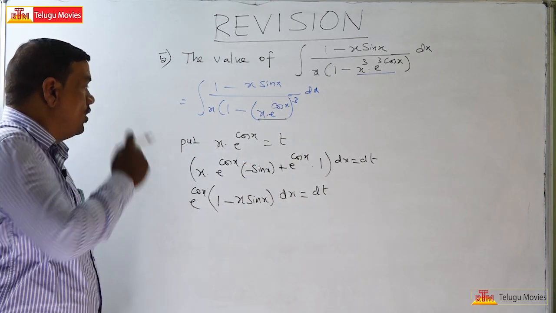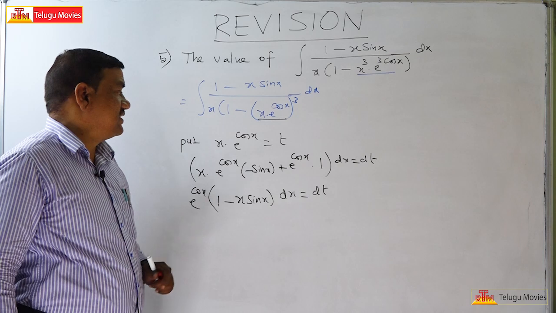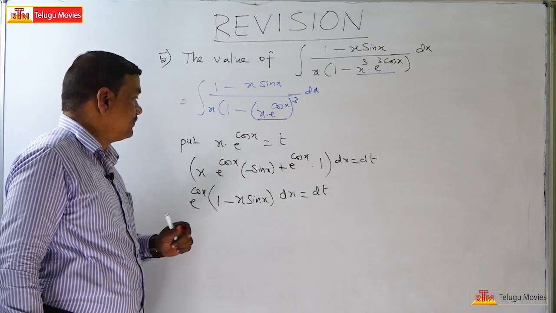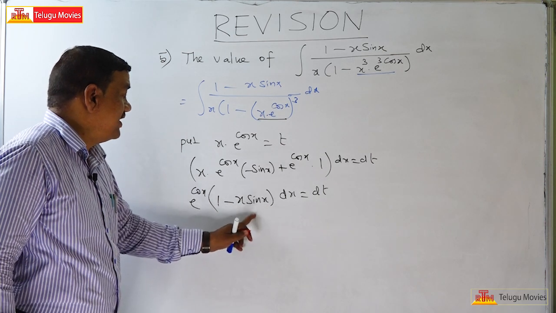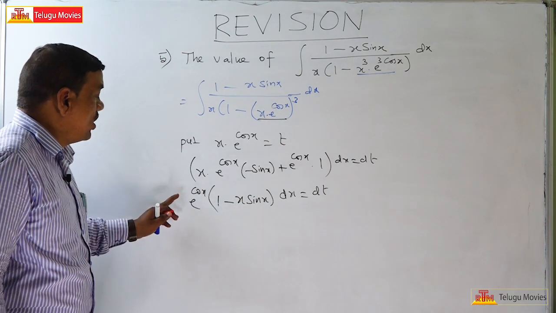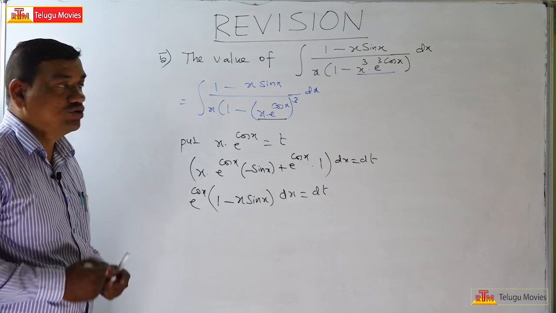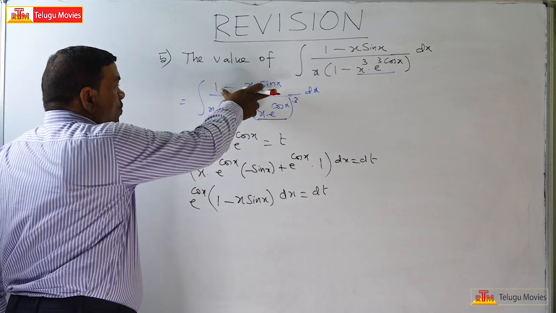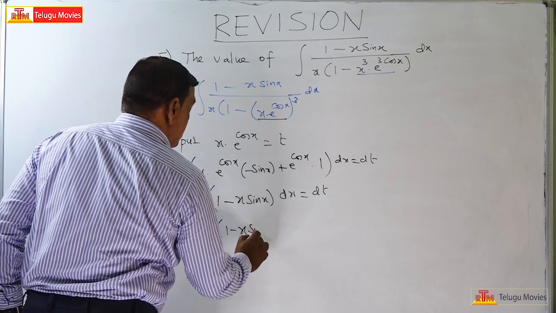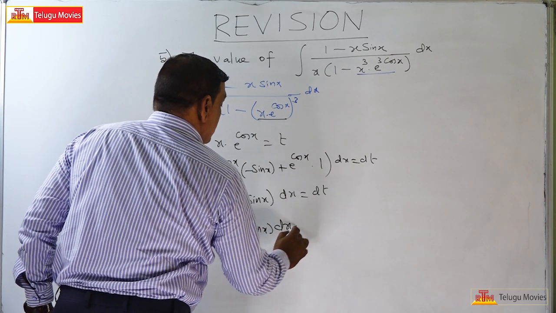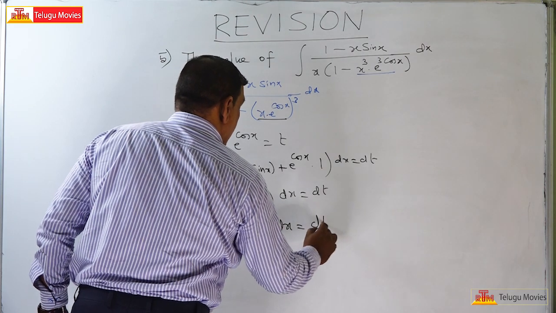If you write 1 by x, you have to multiply with the x here. So check once again: 1 minus x sin x dx is equal to dt.